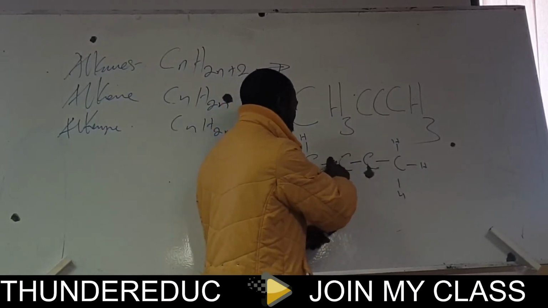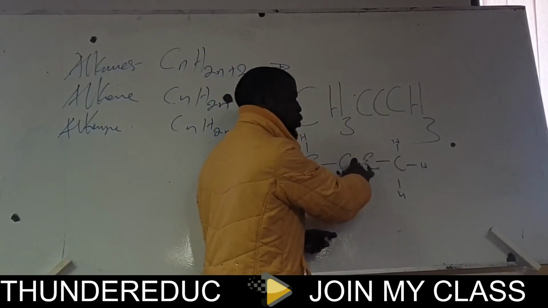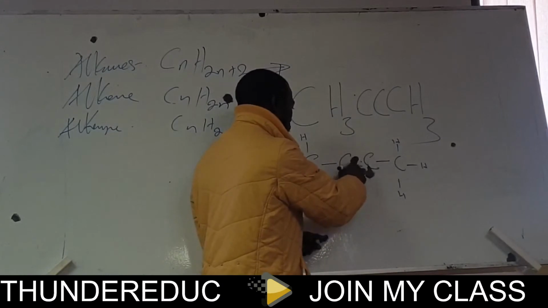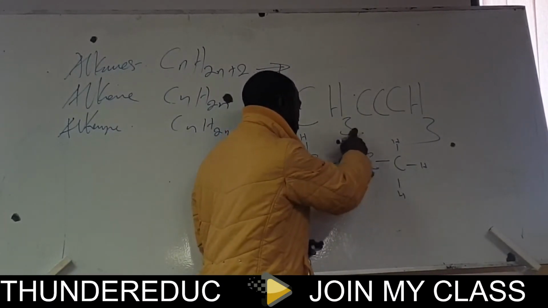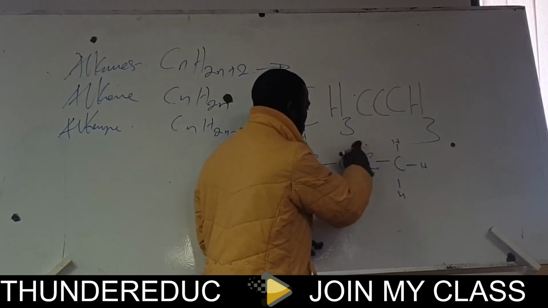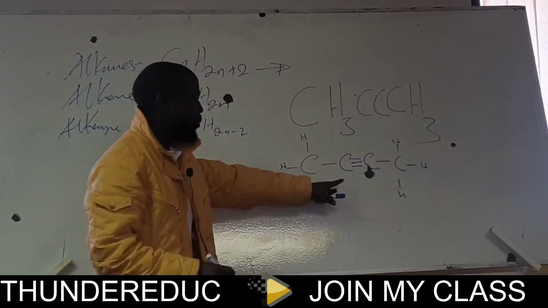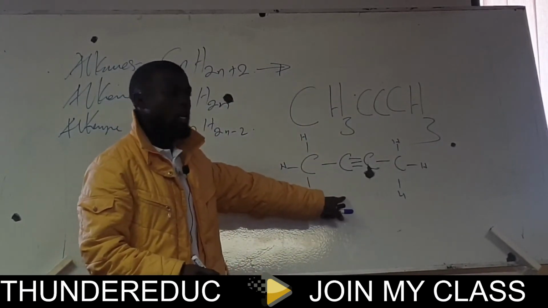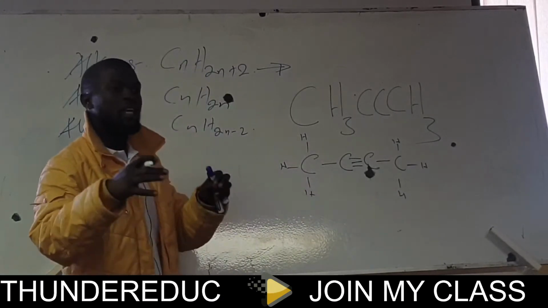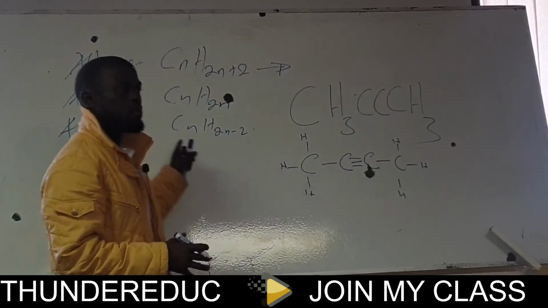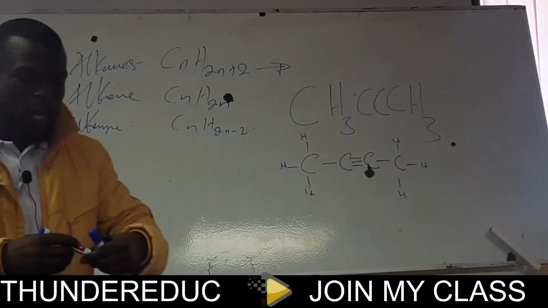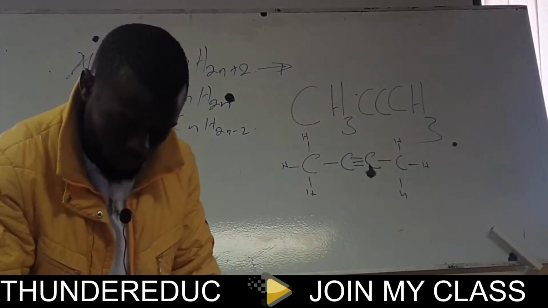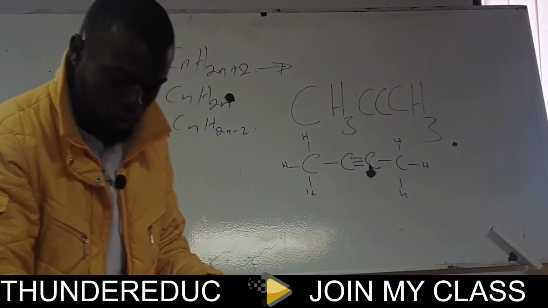For this one I have 1, 2, so I have to add another one. 1, 2, 3, not yet 4, so I add another one. 1, 2, 3, 4. Now the structure looks like this. The one which has a triple bond is an alkyne. Why am I doing this?